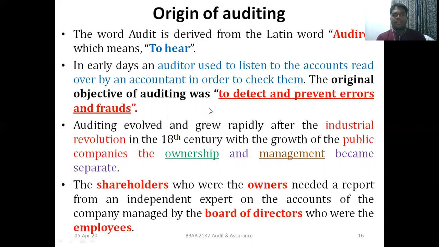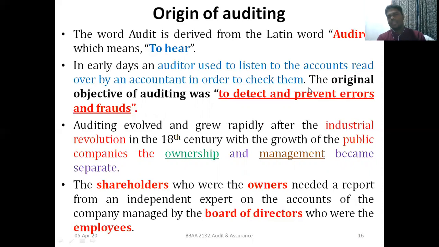The original objective of auditing was to detect and prevent errors and fraud. This is important, that's what I highlighted. When we read the history of auditing, it clearly says that in those days the auditor used to listen to the accounts read over by an accountant.